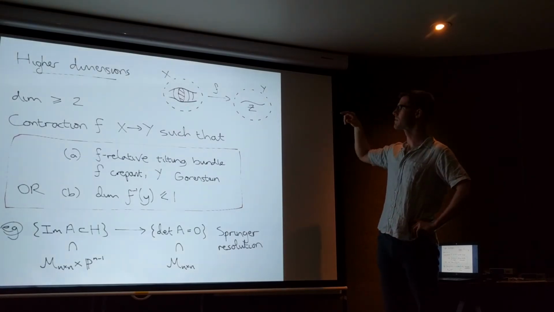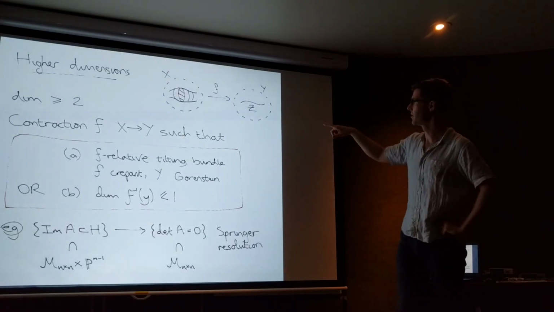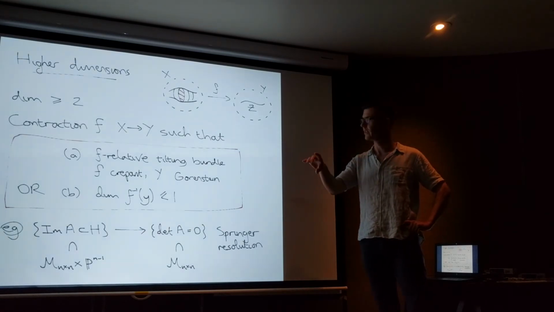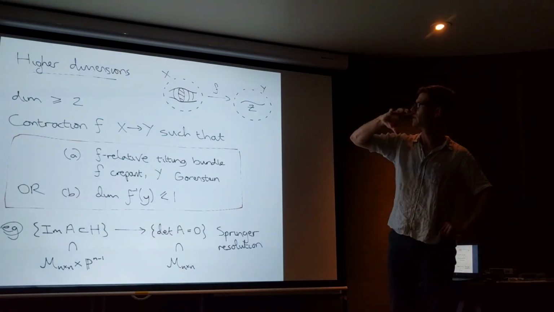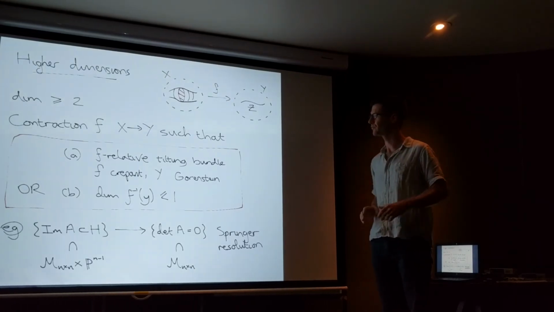And I don't require that the fibers are just curves. So this picture is supposed to indicate a family of curves generically, but with some surface at a particular point.